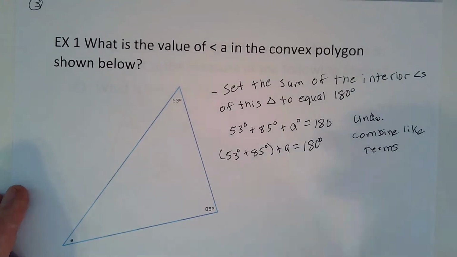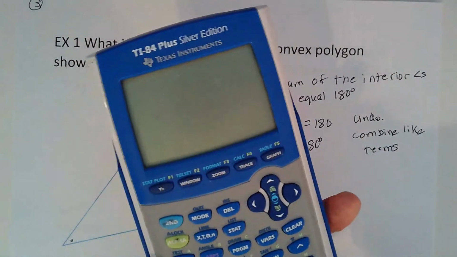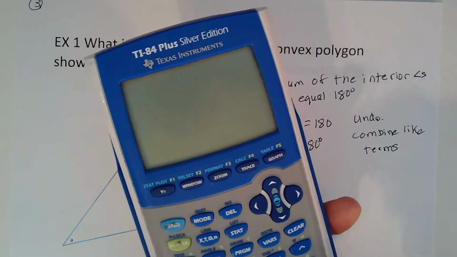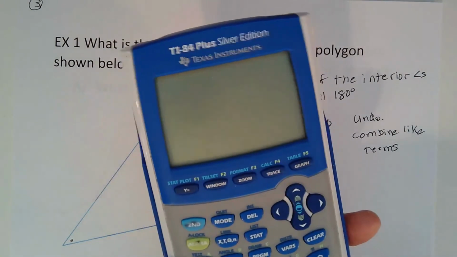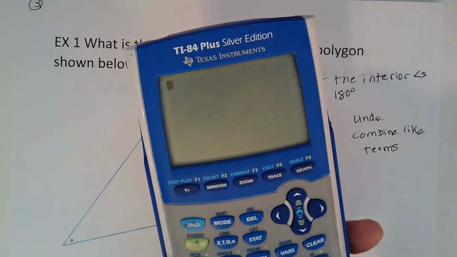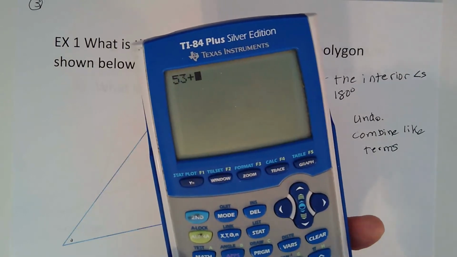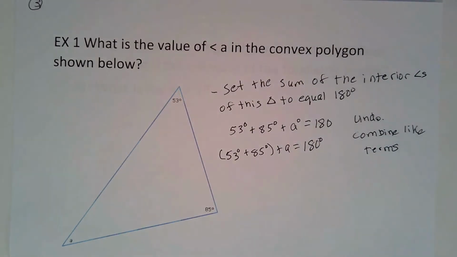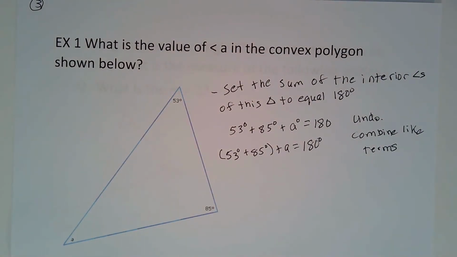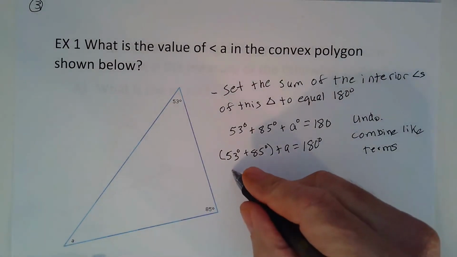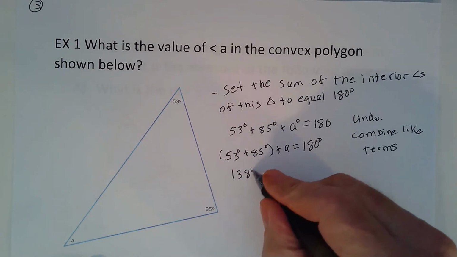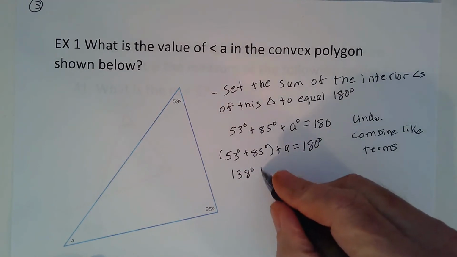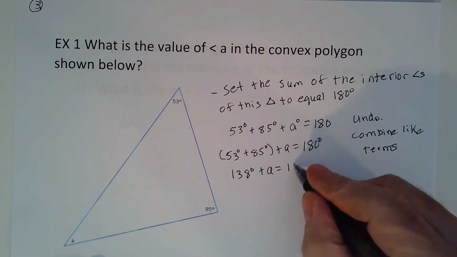If I add these two together, let's not make it difficult on ourselves, just take a graphing calculator. 53 plus 85, and we get 138 degrees. So 138 degrees plus A equals 180.